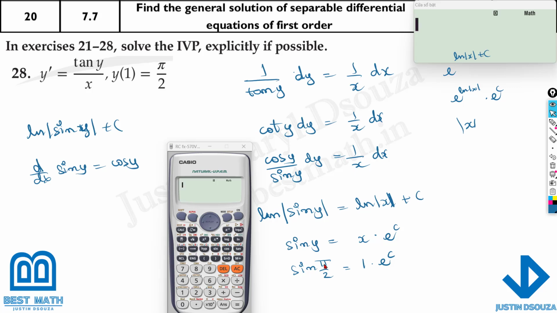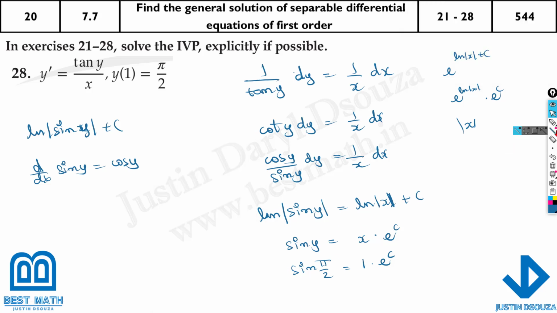Or if you know sine pi by 2 means 90 degrees, I'm just going to write sine 90 degrees. Because pi is 180, divided by 2 is 90. It's 1. So here it will be 1 equals 1 times e power c. So basically e power c is equal to 1. Or you can write it as k or a, anything is fine.